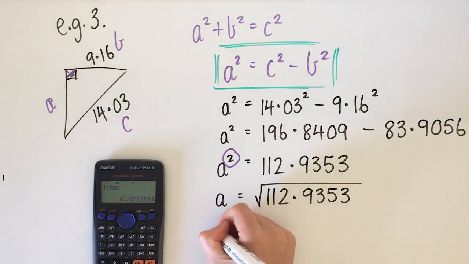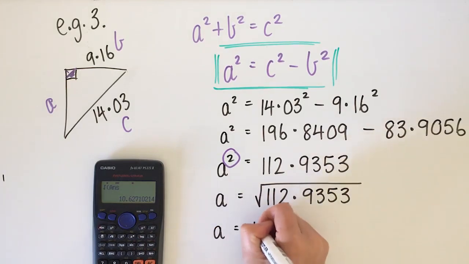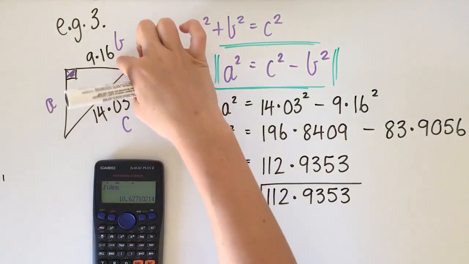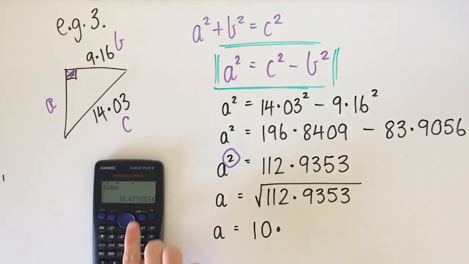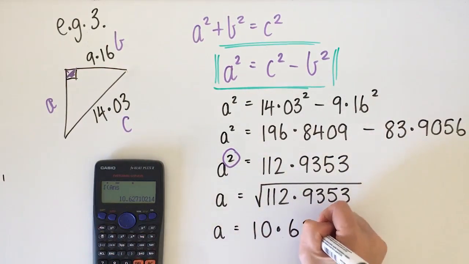Your calculator should have that feature somewhere. So this will give me 10 point. Now, I said that I want 2 decimal places in my answer because there's 2 decimal places in my question. So 6 to 7. 7 tells us we need to round up, so it becomes 6.3.